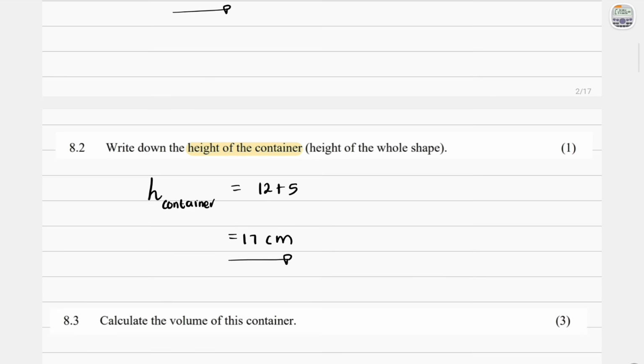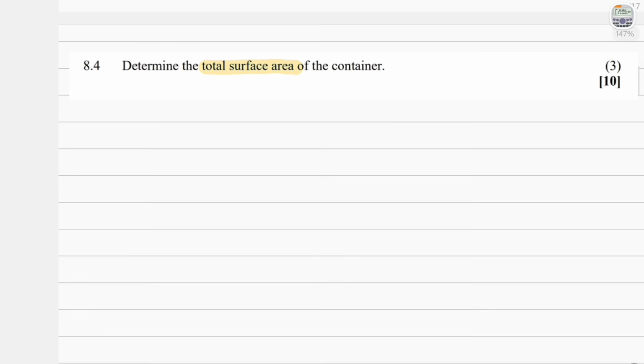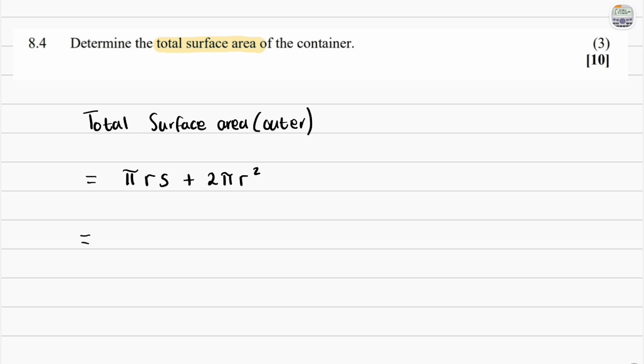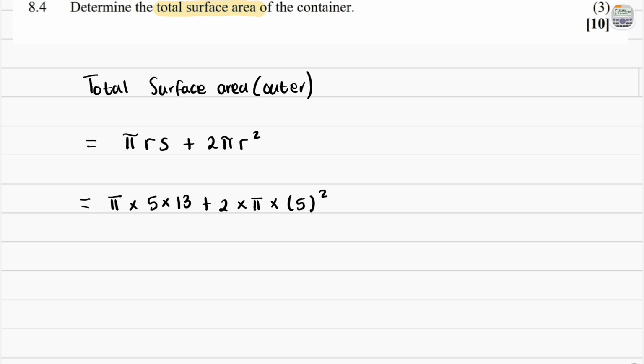So let's go ahead and write our surface area. This is pi times the radius of 5 times the slanted height of 13 centimeters, plus 2 times pi times the radius, which is still 5. Let's get our answer.